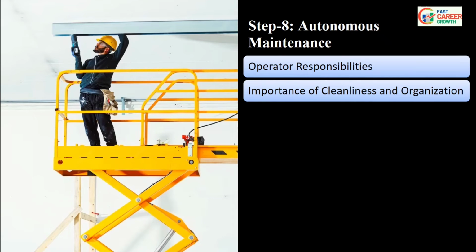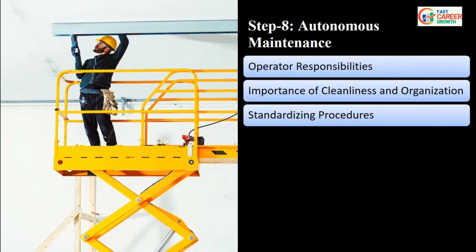A clean environment is fundamental to spotting abnormalities and preventing equipment breakdowns. Standardizing procedures. Discuss the need for standardized procedures for maintenance tasks. This ensures consistency and reliability in equipment care.